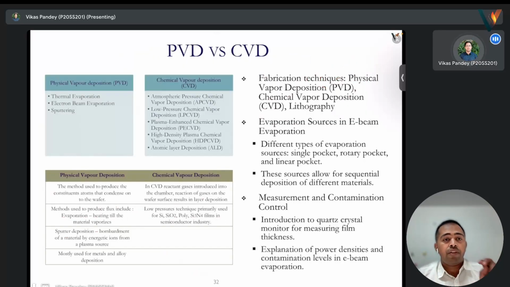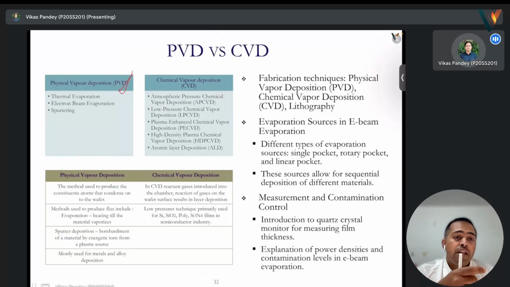Some of the PVD methods are thermal evaporation, where we are heating it thermally, and electron beam evaporation, where we are evaporating it using a beam of electrons. In thermal evaporation, a high current is flowed so that it heats up and then evaporates, so it is basically resistive heating.